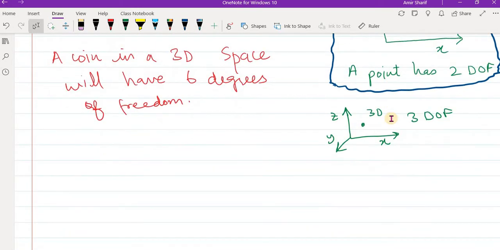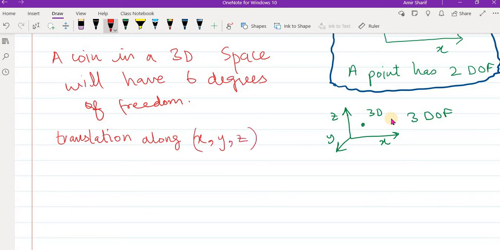So these 3 degrees of freedom will be translation along x, y, z axis, and rotation about x, y, z axis.